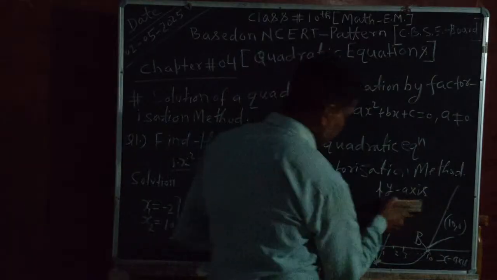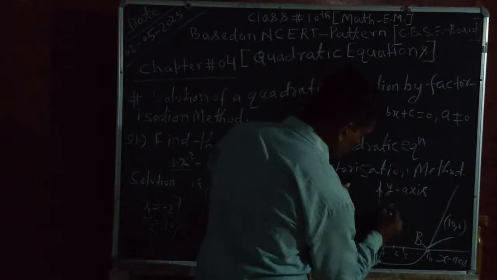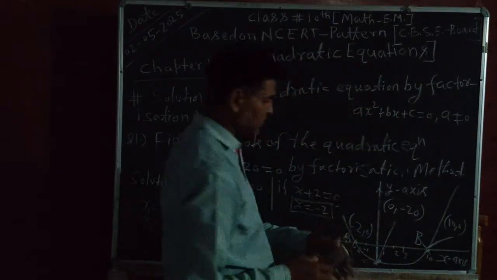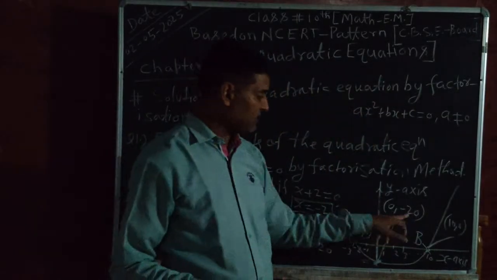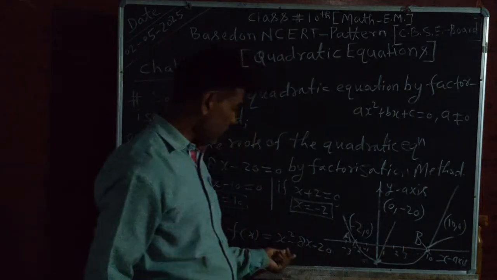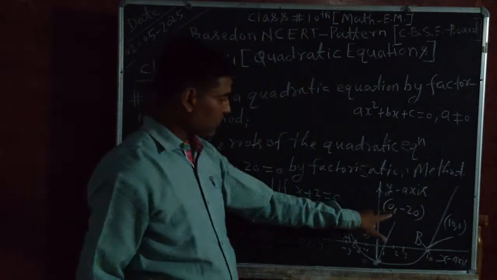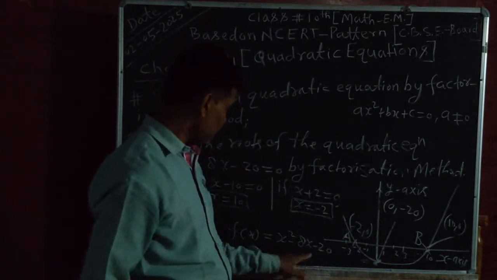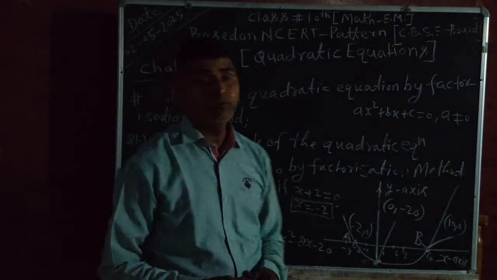Here you can write it like this, 0 comma minus 20, because first the value of x is written, and second the value of y is written. When in the given quadratic equation you put the value of x equal to 0, you will find the value of y equal to minus 20.